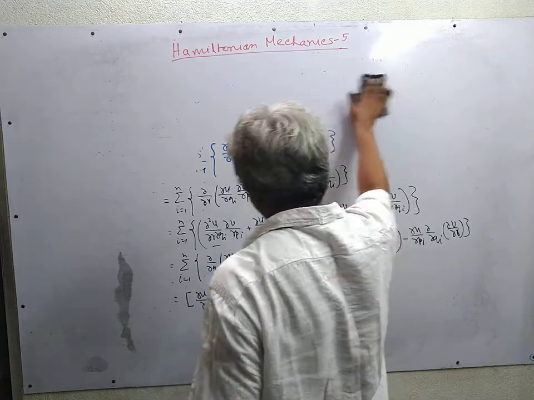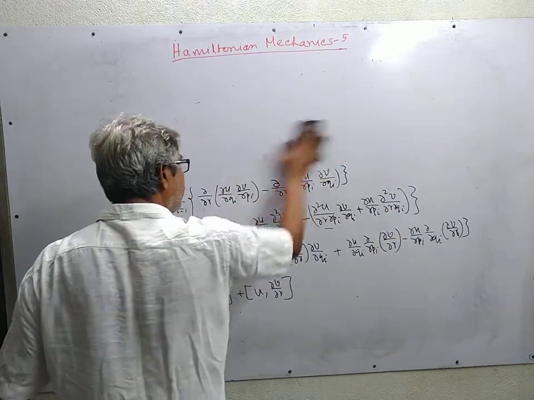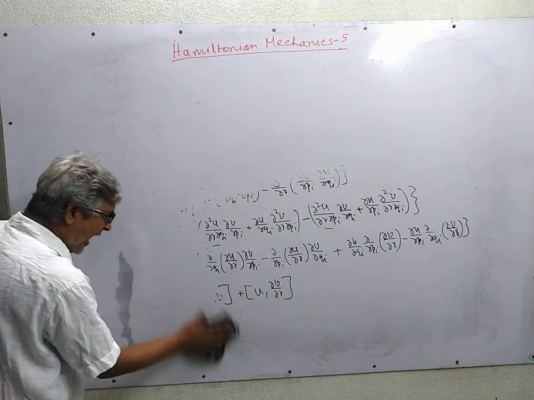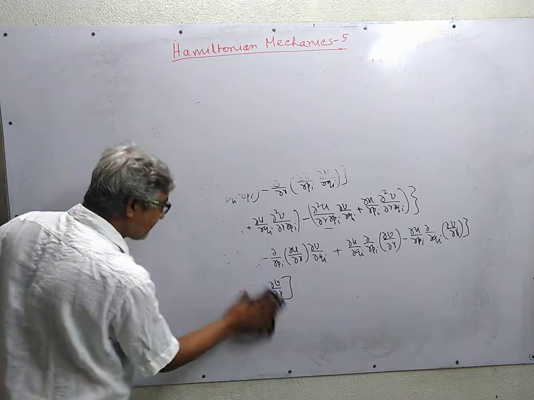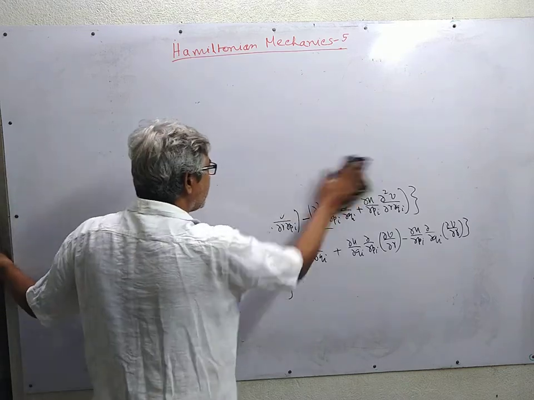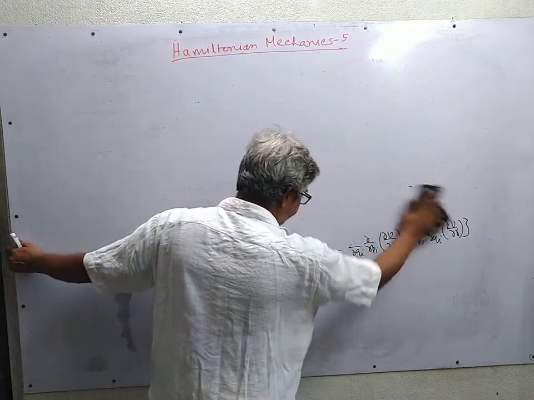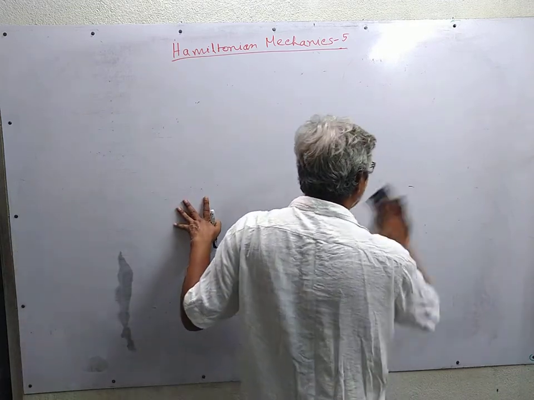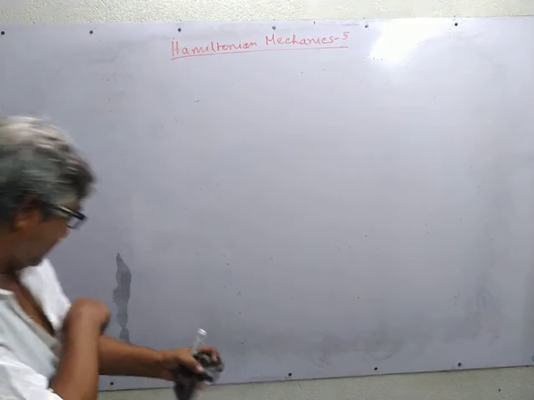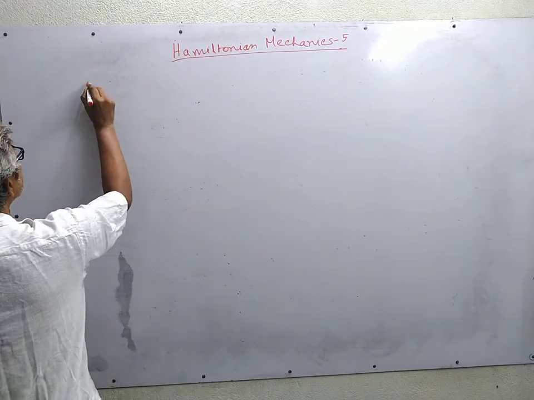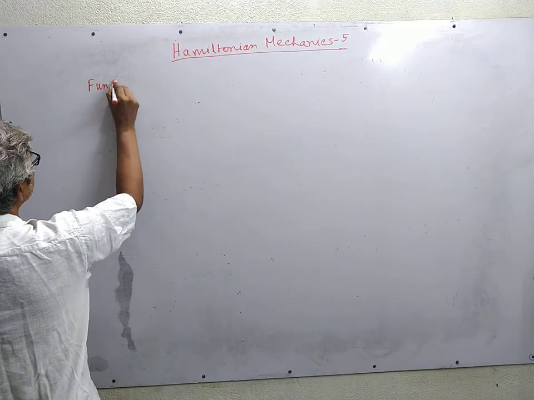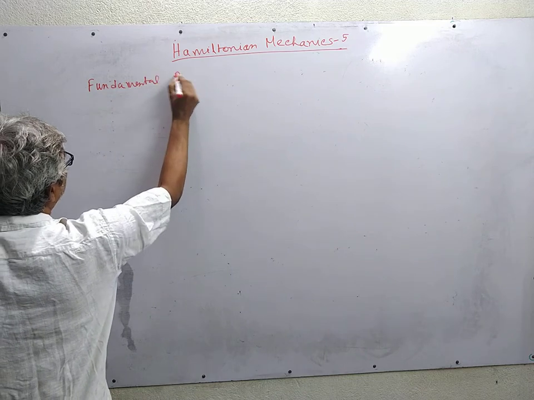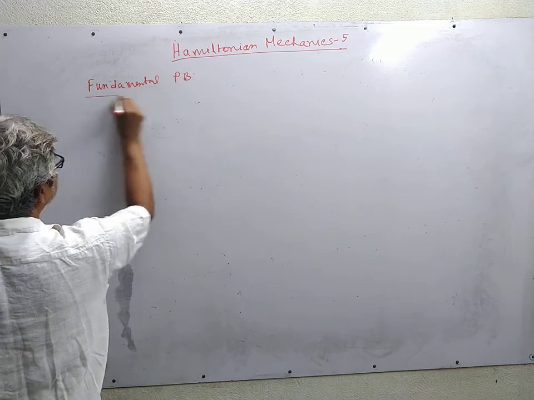By fundamental or elementary Poisson bracket we mean a Poisson bracket for which at least u or v is one of the canonical variables, say q and p. So these are known as the fundamental or elementary Poisson brackets.